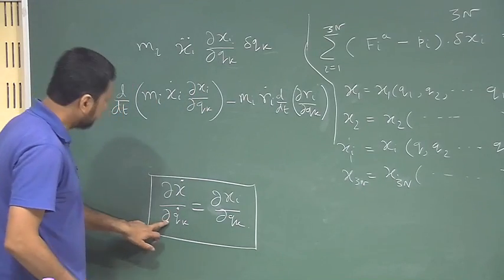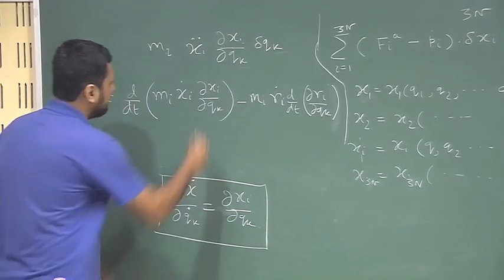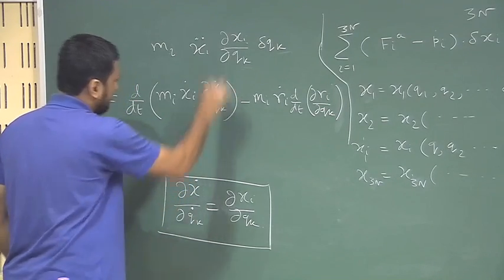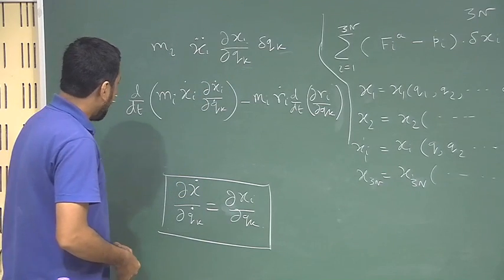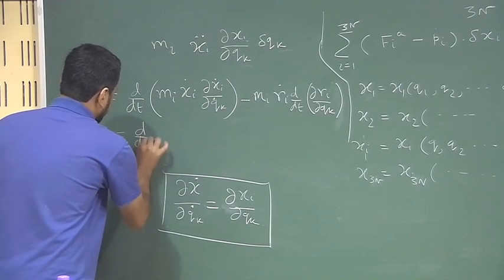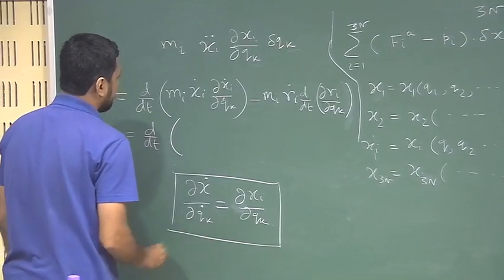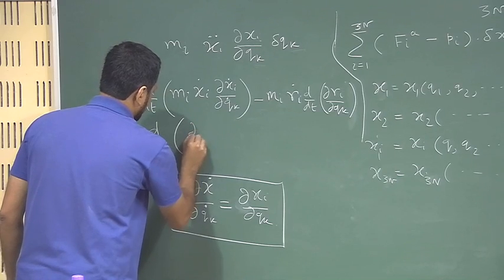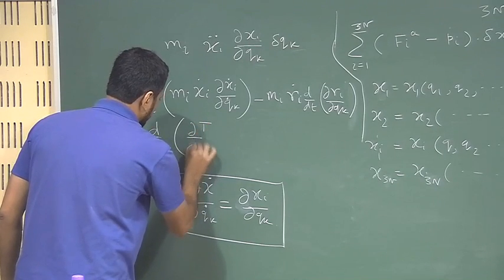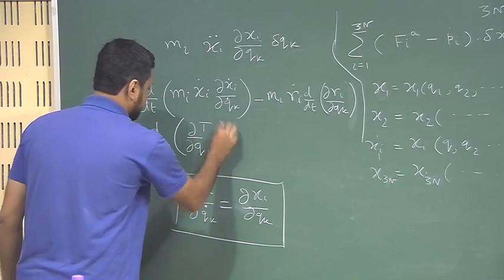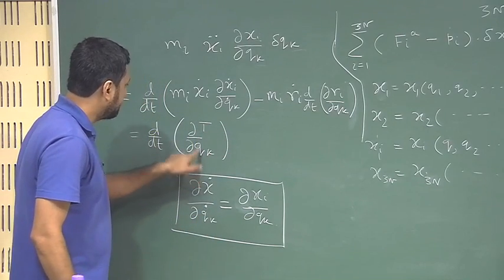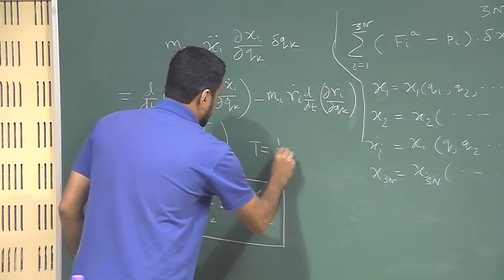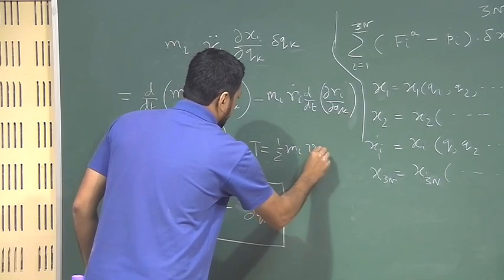Now, using this relation, if I put two dots here, it will be a valid modification, and readily I can show that this quantity is nothing but the partial derivative of the total kinetic energy, which has the form T is equal to half mi vi square.